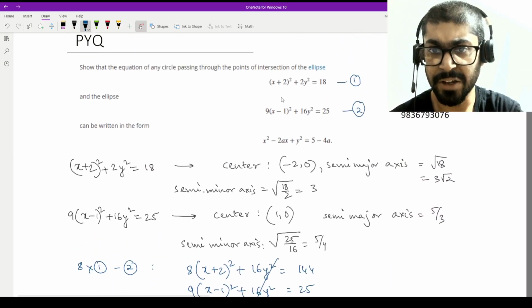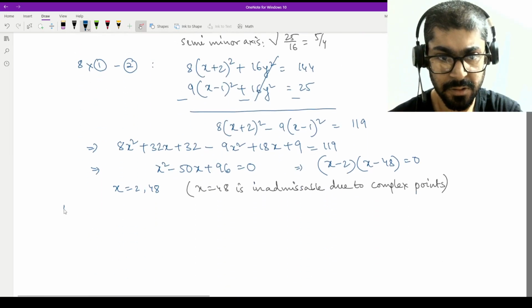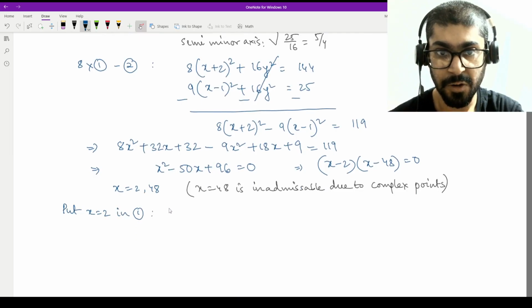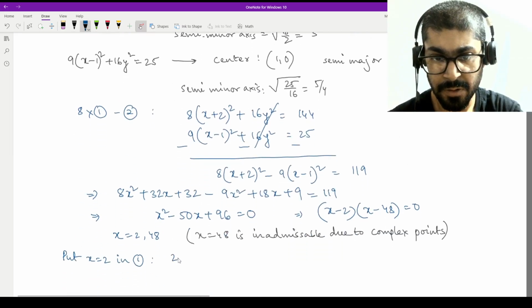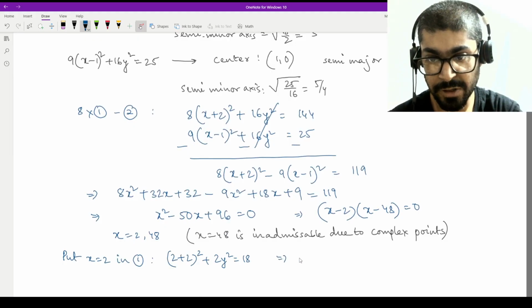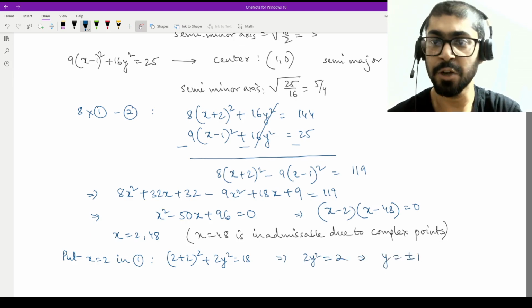Let's put it in any one of the equations. Let's put it in the first one. We have (2 + 2)² + 2y² = 18. So 16 - 18, 2y² = 2, which gives me y = ±1. Right, so I get two values of y.